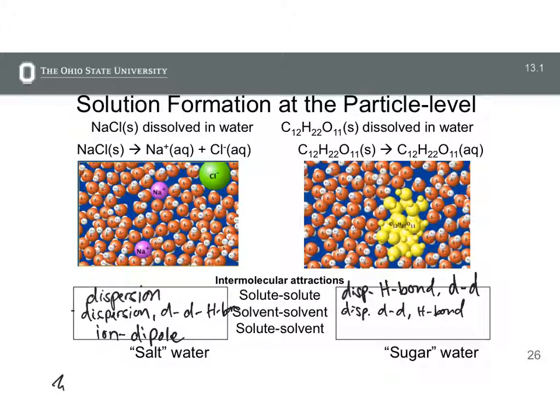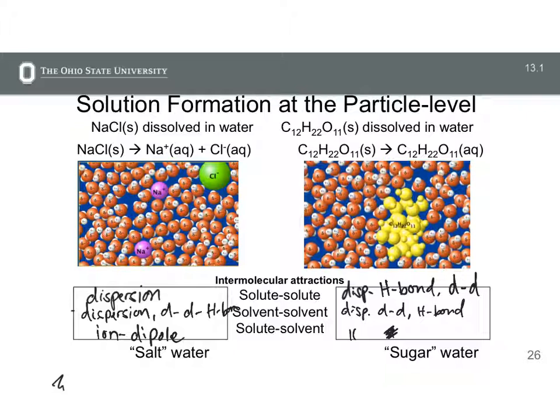And then in the sugar, what do we have? Dispersion. We're still going to have dipole-dipole. Actually, I take that back. I think I've got a mistake in the next slide as well.